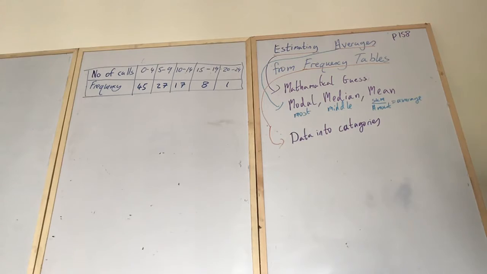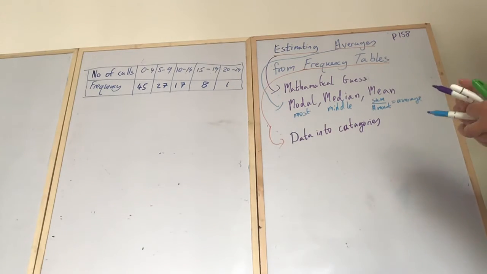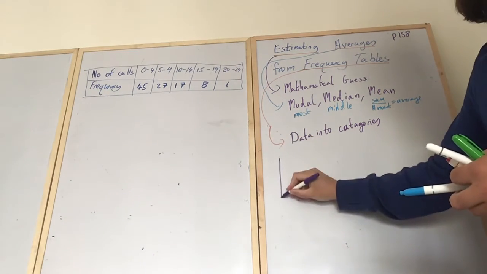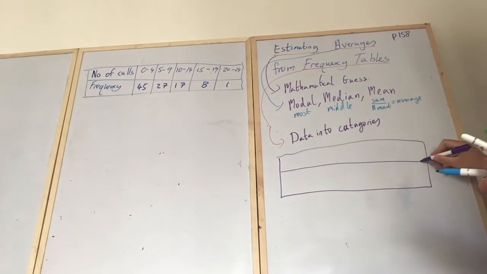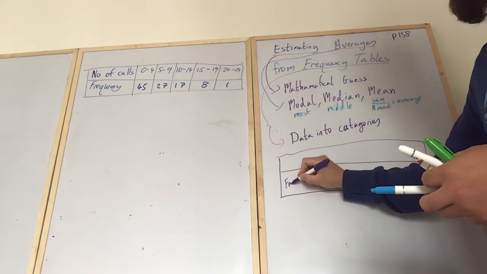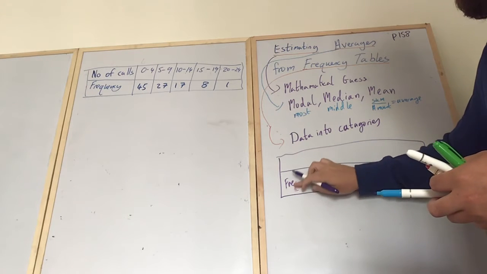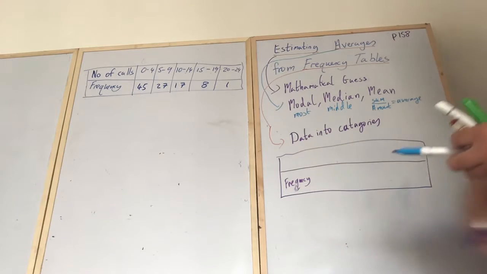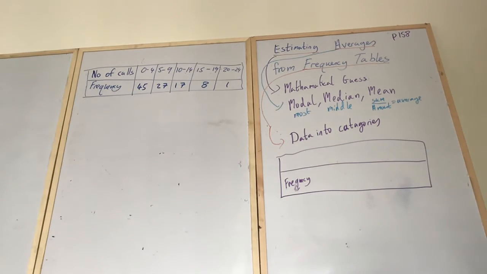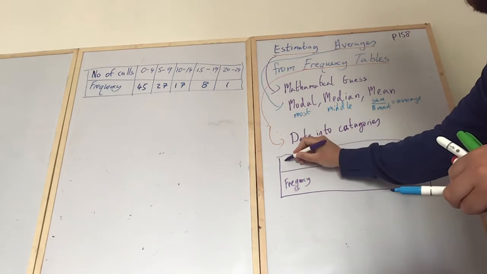So an example of a frequency table, we will have two things. Our second column is generally frequency, and then our first column would be what we're testing. So it could be your height, it could be anything. So let's say height.